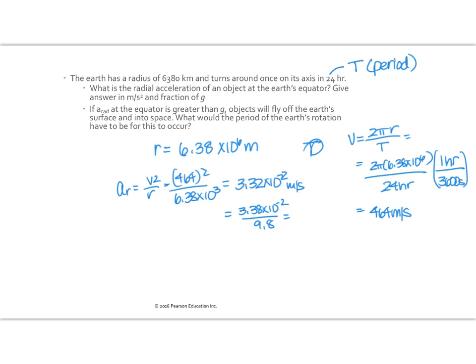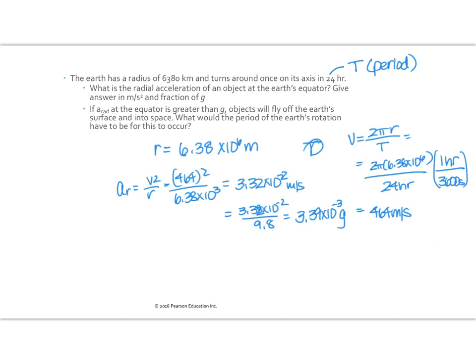And that number will tell us how many times it is g. And that's 3.39 times 10 to the minus 3 g. So it's like 3/1000th of the acceleration of gravity.